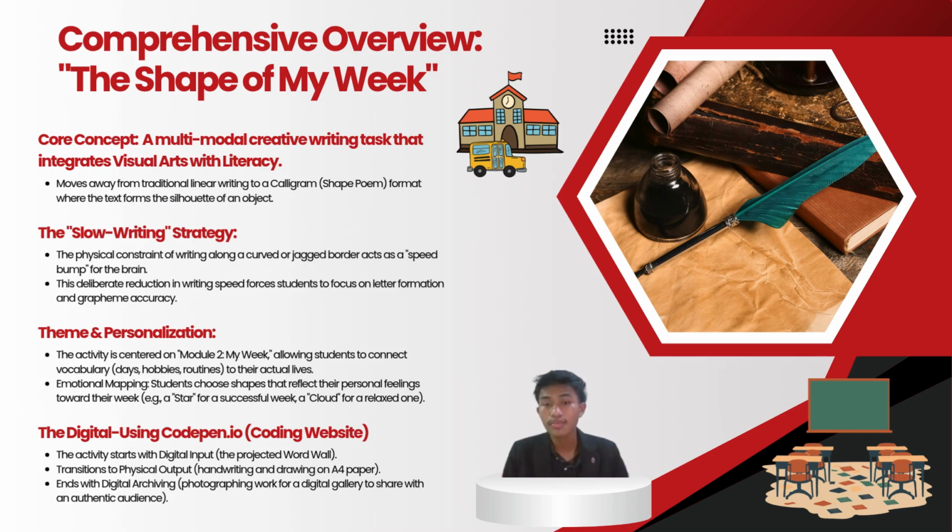It is a multi-modal creative writing task that integrates visual arts and literacy. Basically, it moves away from traditional linear writing to a calligram, which is a shape poem, or maybe the other name we know, concrete poem format, where the text forms a silhouette of an object.